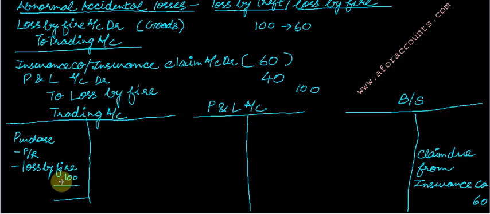Now what will I do? In P&L, I will write loss by fire, and the amount that the insurance company admits as the claim, that much amount I will deduct. So I will do less insurance claim.